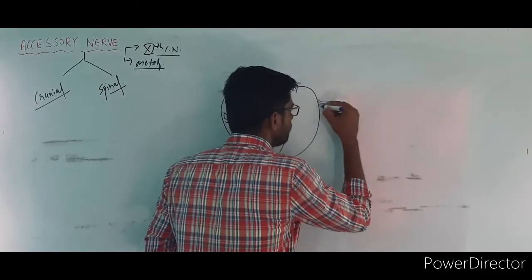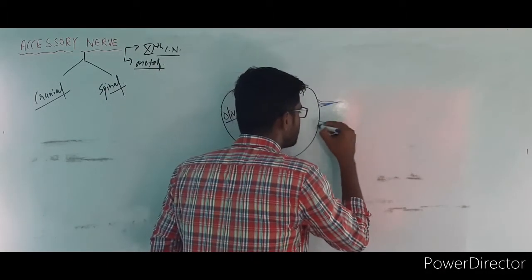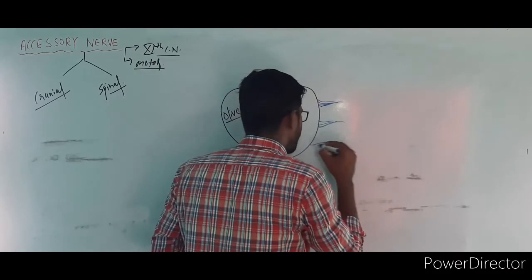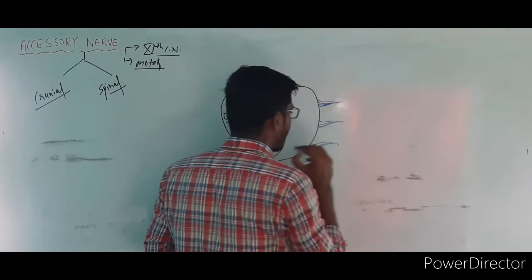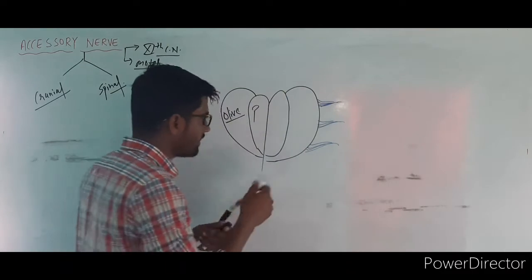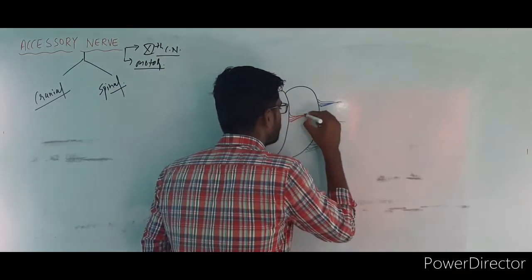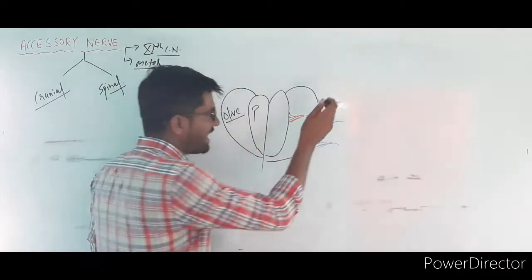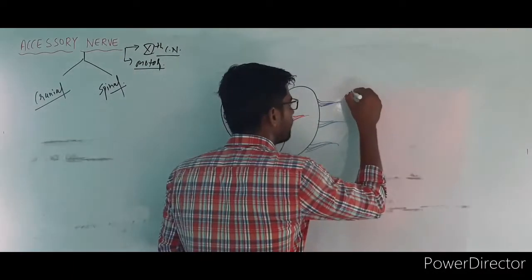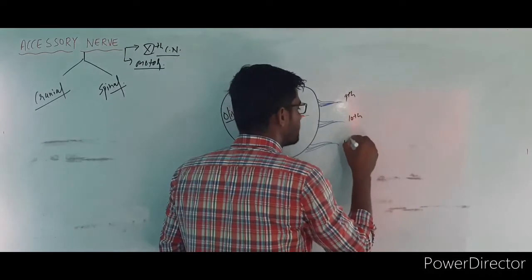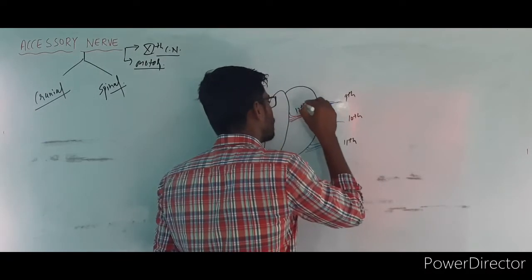One thing is this, second is this, third is this, and one more is this. This is the 9th cranial nerve, this is the 10th, this is the 11th, and this is the 12th cranial nerve.